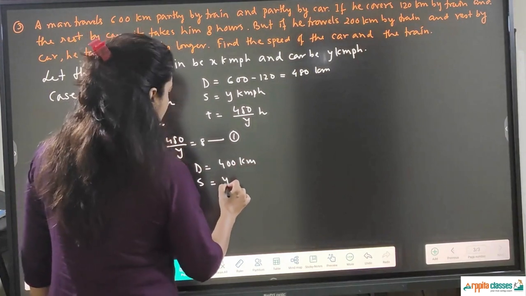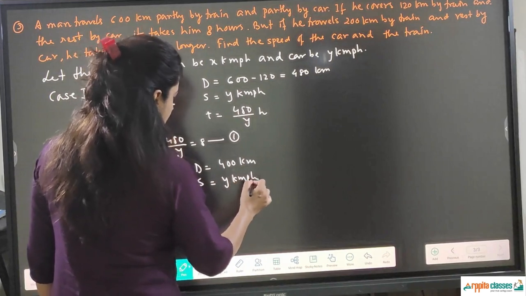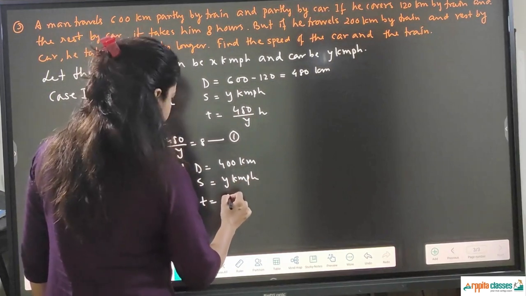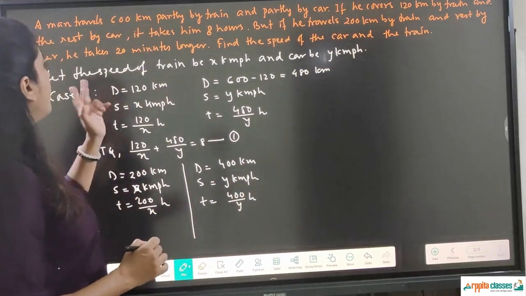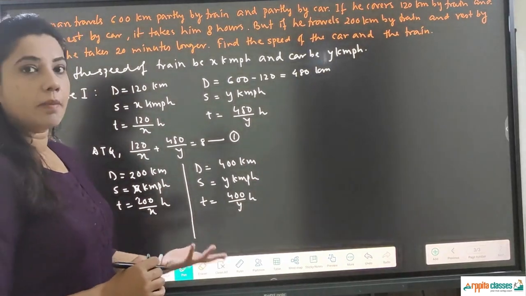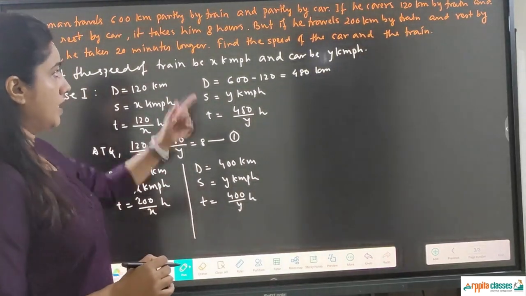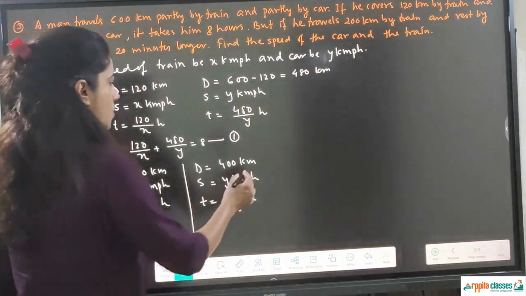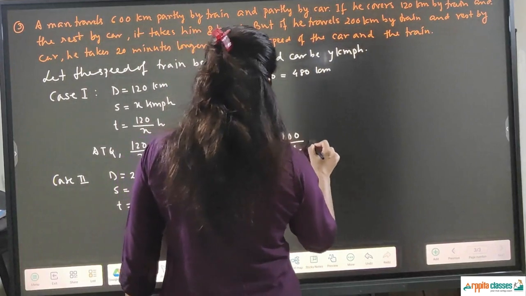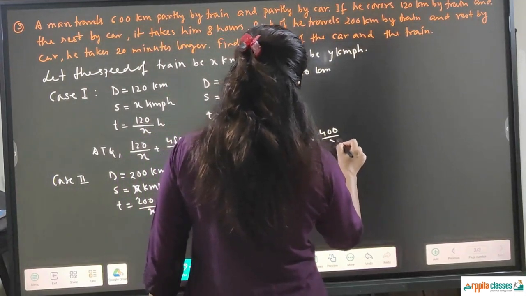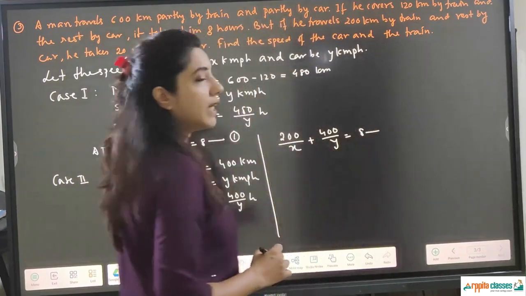Speed of car is y km/h. So the time taken by this is 400 upon y hour. They are saying that he would take 20 minutes longer. 20 minutes longer means 8 hours 20 minutes. Initially he was taking 8 hours. So now the equation will become 200 upon x plus 400 upon y is equal to 8 hours 20 minutes.